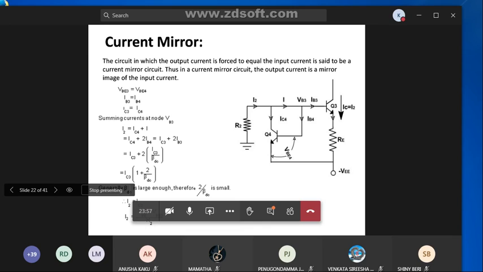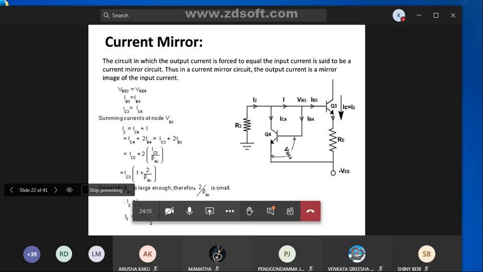Here the output current is IC and the input current is I2.